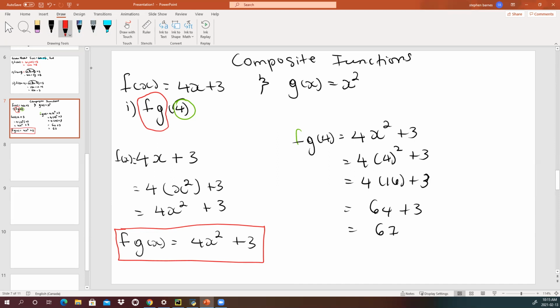So we first wrote out our f function and then put our g function into it, which was this x squared. Anywhere we saw x in the f function, we put our g function there, and this is what we got. And then the question asks for f of g of 4, so we just put 4 into the f of g function that we formed. Everybody understand that? Everybody good?